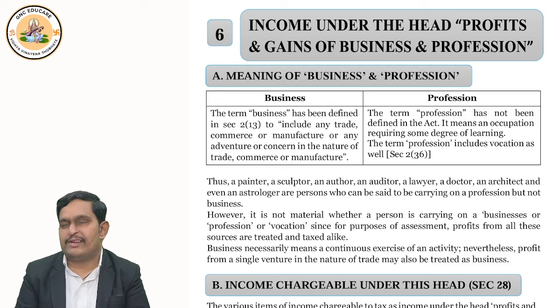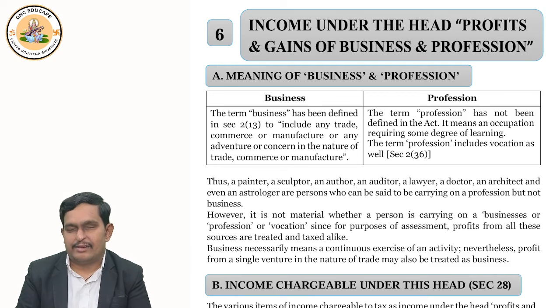Now examples of profession, everybody knows. A lawyer is a professional, a doctor is a professional, a CMA is a professional, an architect is a professional, a sculptor. You would have seen the Ram Mandir, how sculptors worked on it and created a wonderful art, and developed the great Murti of Ram.